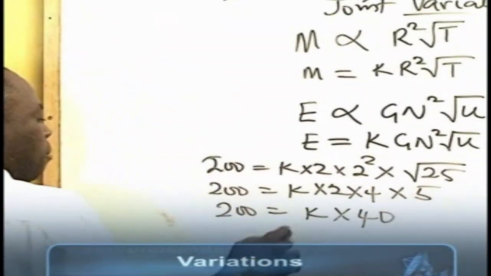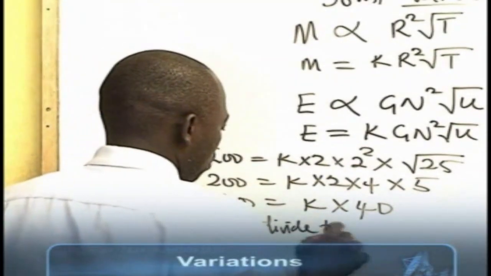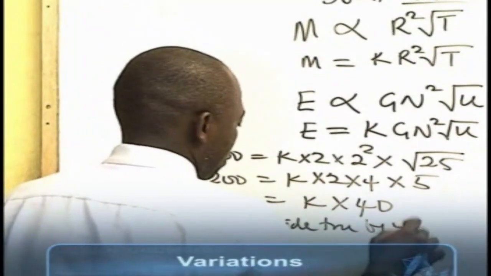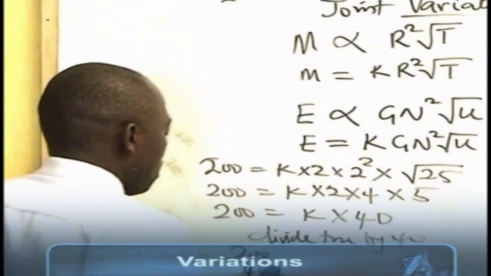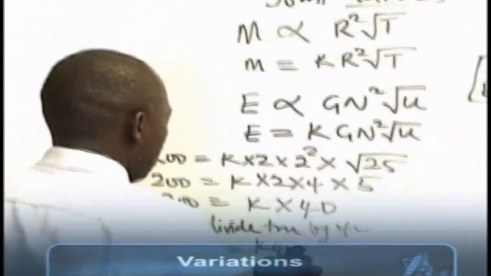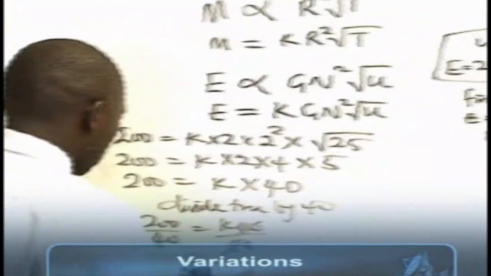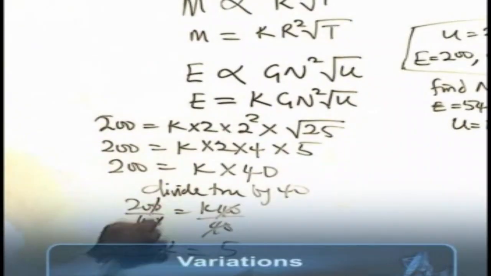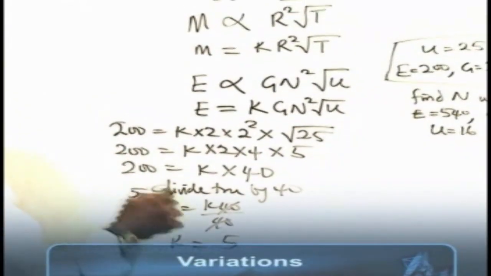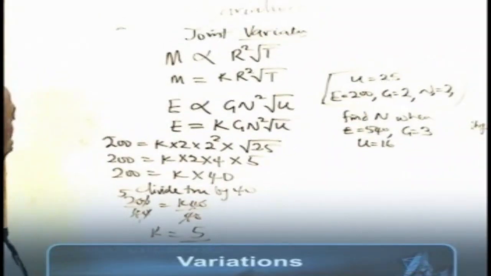For you to now determine K, you divide through by 40. So you have 200 divided by 40 equals K times 40 over 40. Then K eventually becomes 5, because 0 cancels 0, 4 here 1, 4 in 25. So our K equals 5.